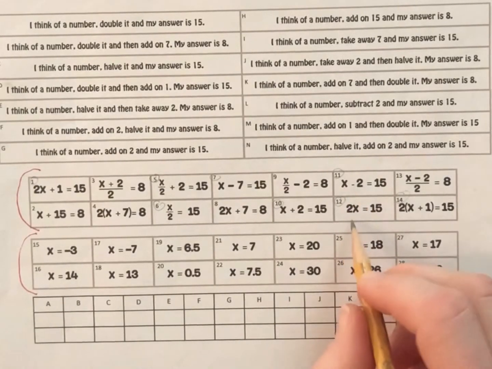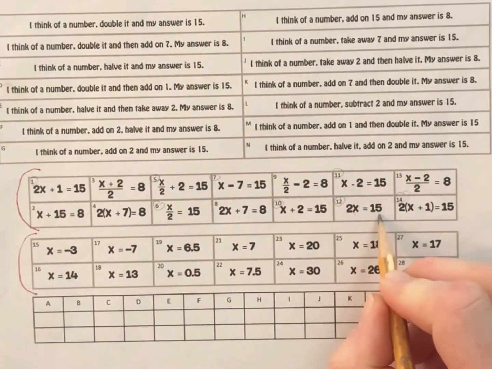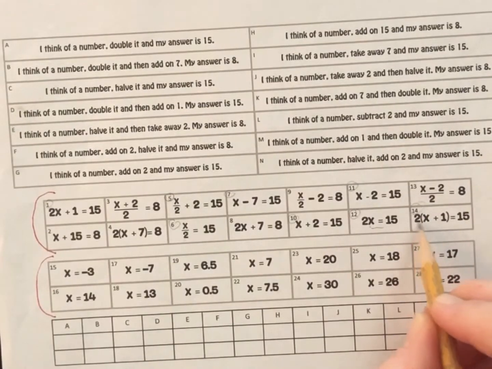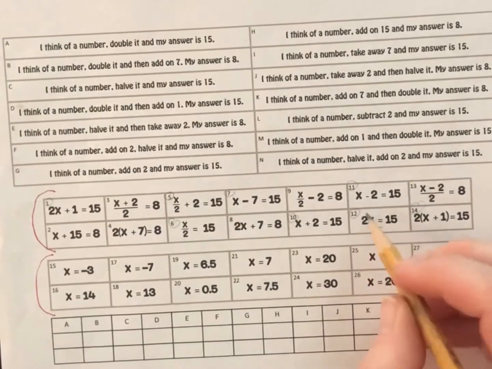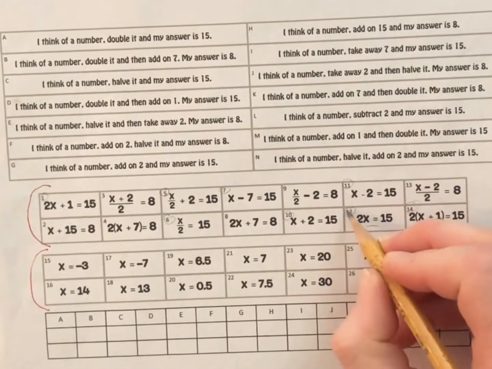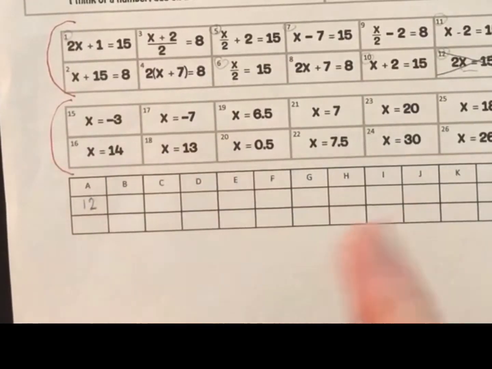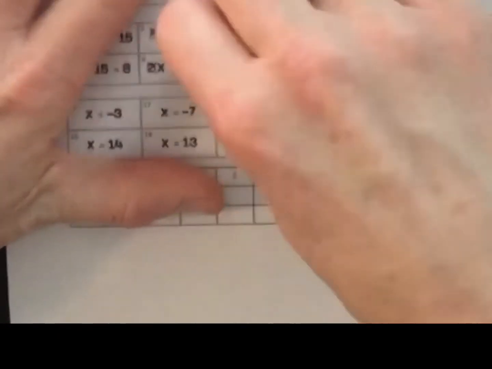Okay, I think of a number and double it, my answer is 15. It's probably that. Let's see, think of a number and add 1. Nope, so the equation for A is 2x equals 15. I'm gonna cross that out and go back and erase these so I don't confuse next time.